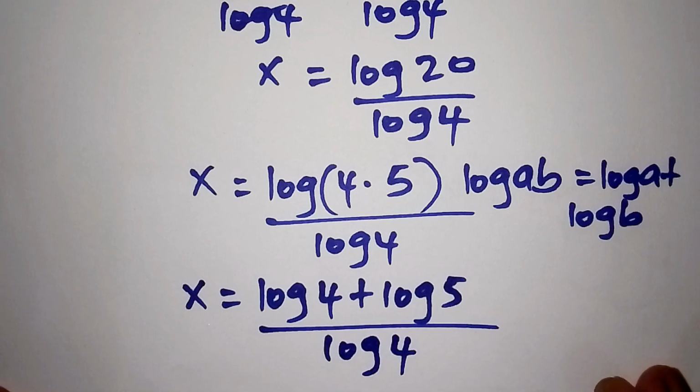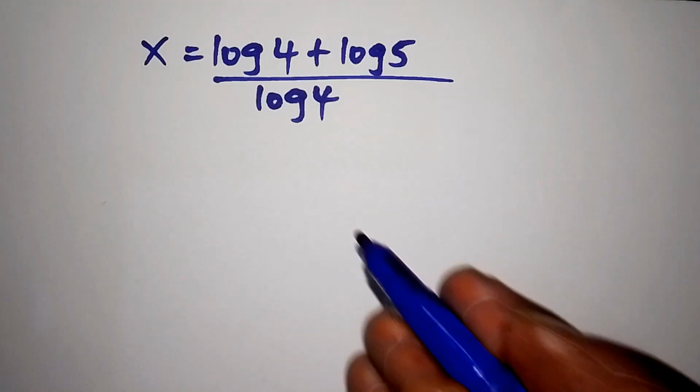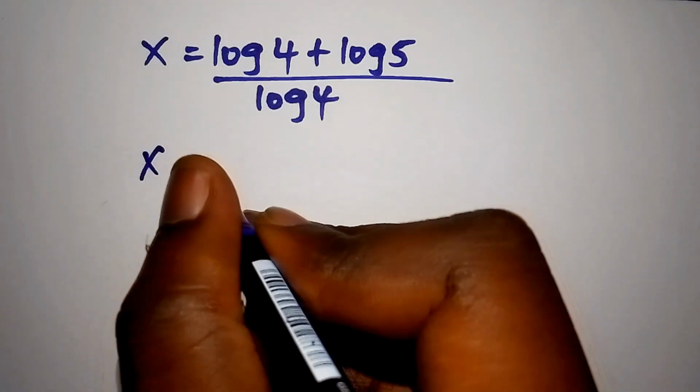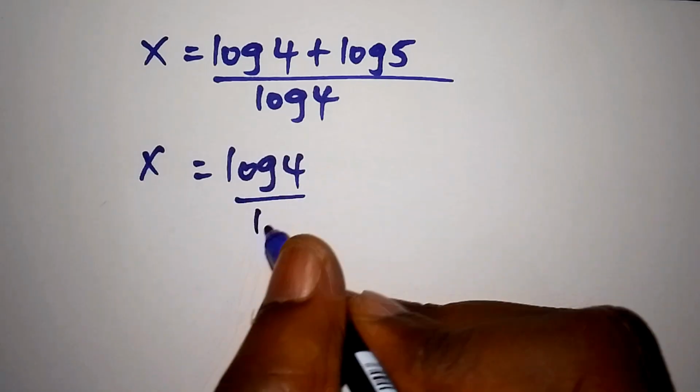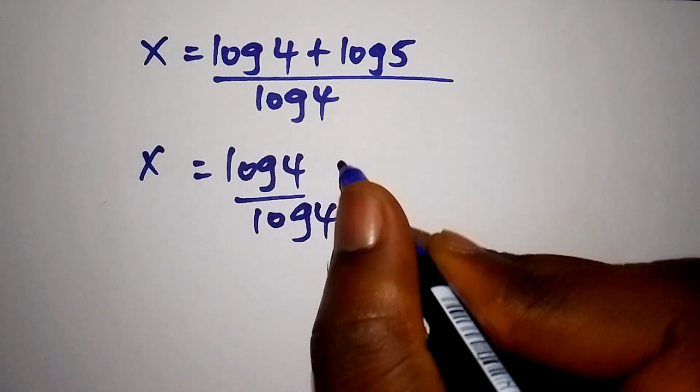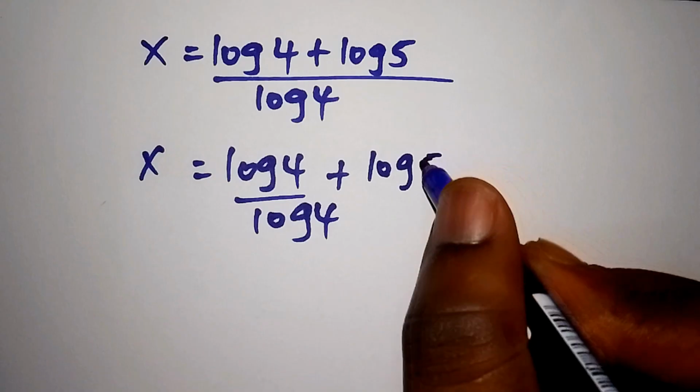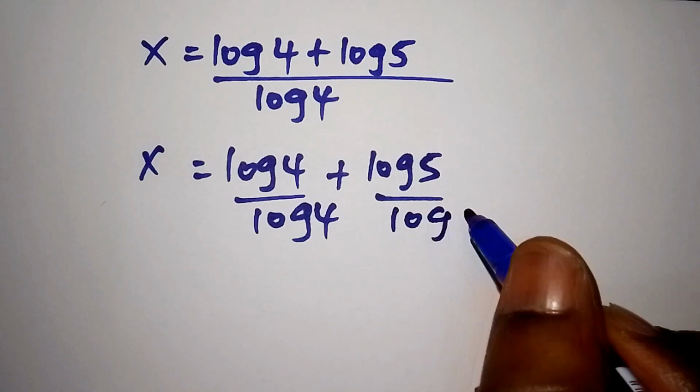So the next part now we shall divide both sides by the log of 4. So x is equals to the log of 4 all over the log of 4, plus the log of 5 all over the log of 4.